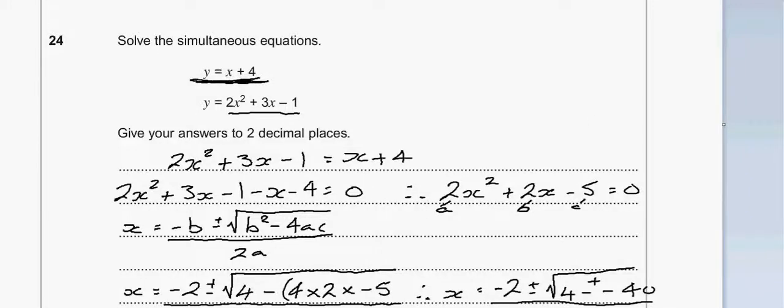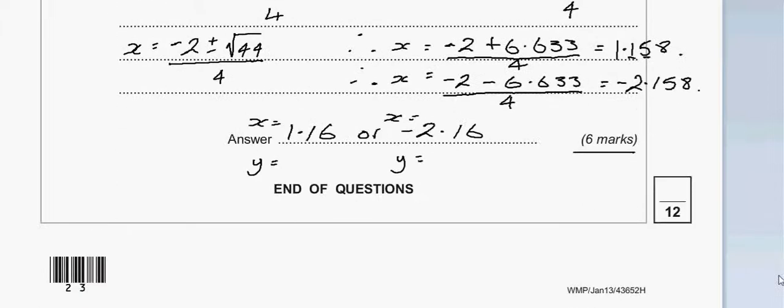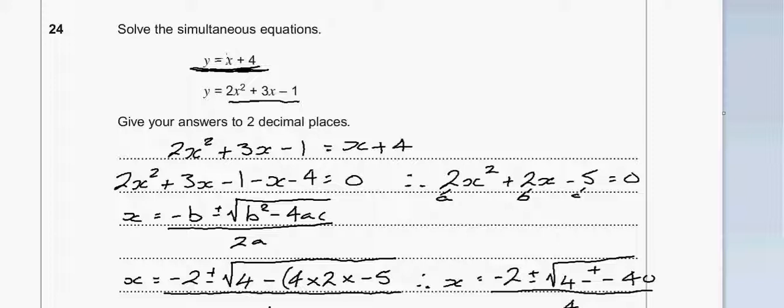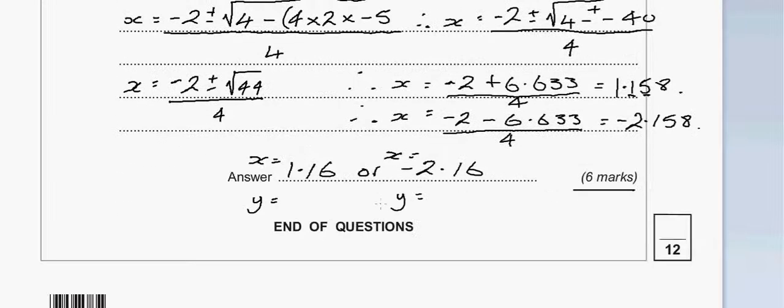So where x is 1.16, y would equal 1.16 plus 4, so that would be 5.16.